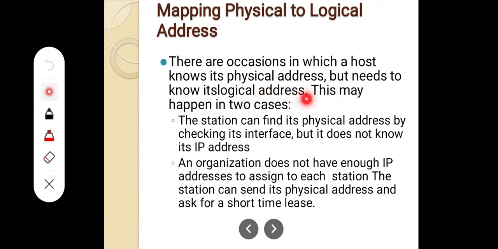This IP address is unknown to a machine in two cases. The first case is that the station can find its physical address by checking its interface, but it does not know the IP address. The host machine can know its MAC address by looking at the network interface card, a hardware that is used to connect the networking cable with the host machine.